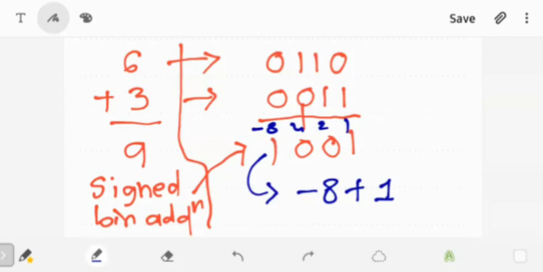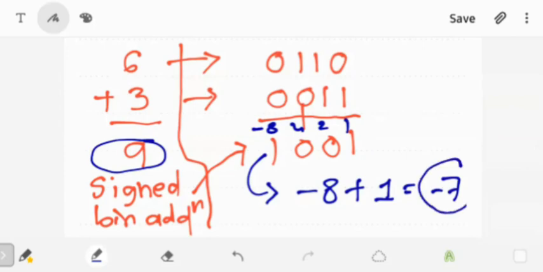What will you get? Minus 7. But what answer was expected? 9. But what answer did we get? Minus 7. So in this way, there is an overflow here, but we are unable to detect it.